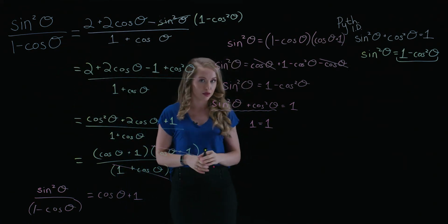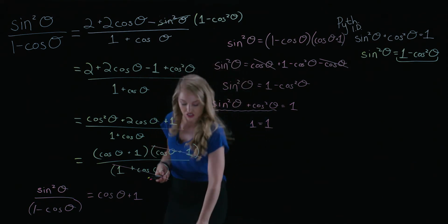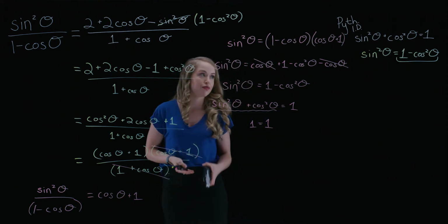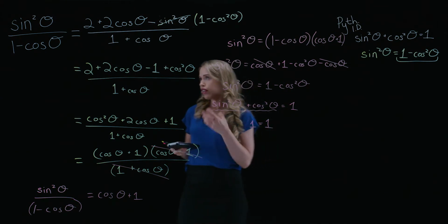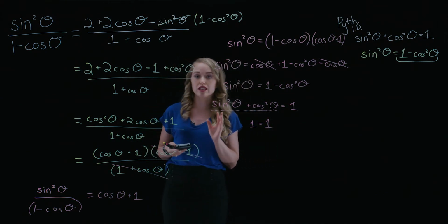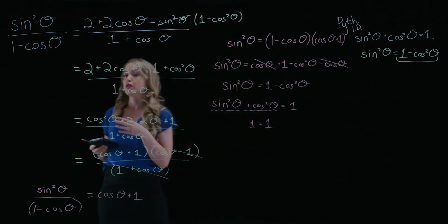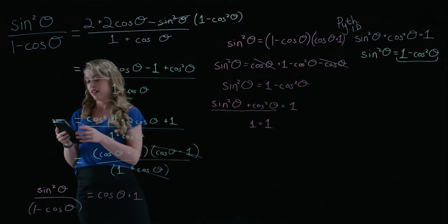Now we're not done there because they have asked us to just verify that with a graphing utility. So what I'm going to do is input these as 2 separate equations, 2 separate functions into my utility.